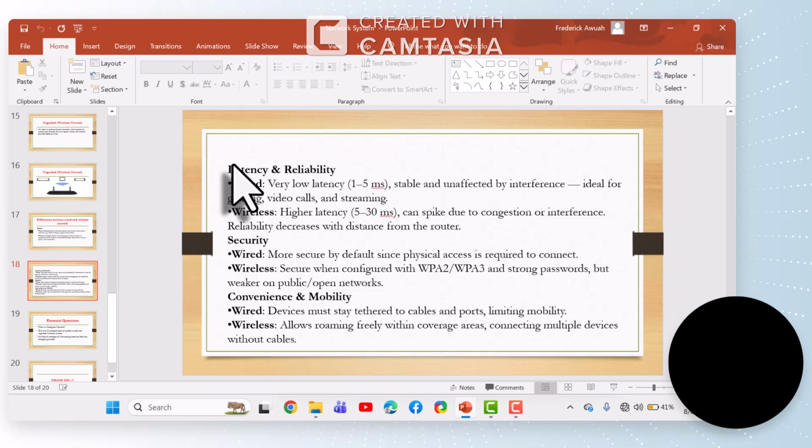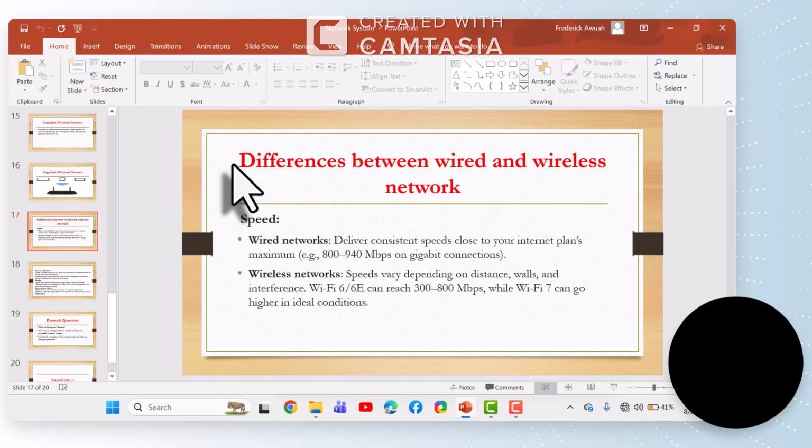So with the speed, wired networks deliver a consistent speed close to your internet plan. The reason why offices like using the guided network is that it runs very fast. Wireless is not all that fast, and sometimes it can break on the way; the distance and other things can cause it.